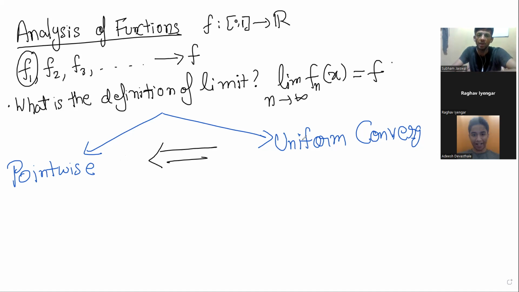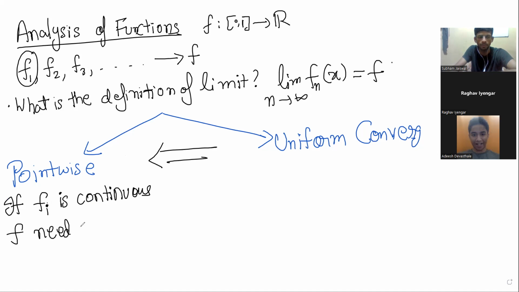So what have we seen about pointwise convergence? If each f_n is continuous, f need not be continuous.